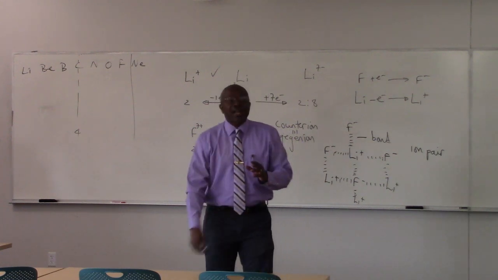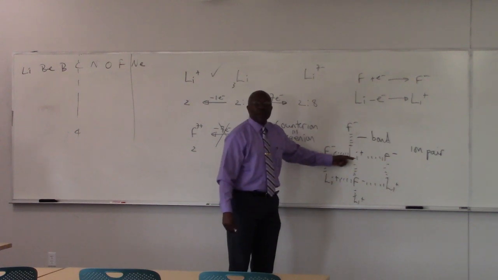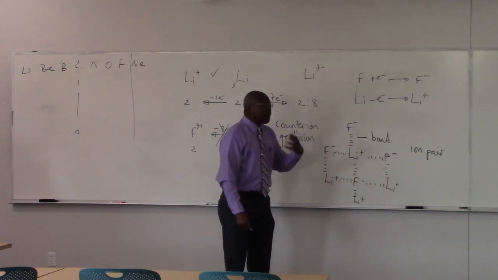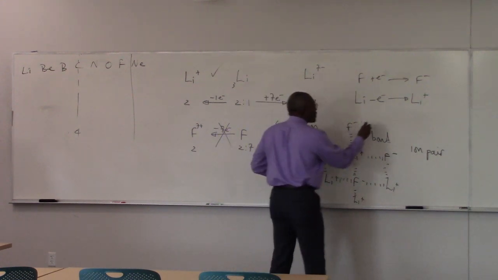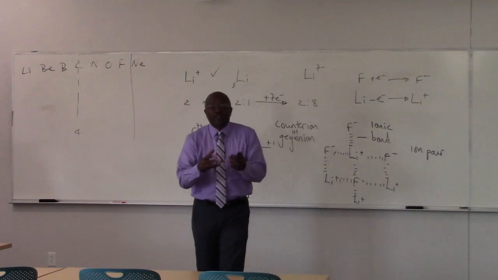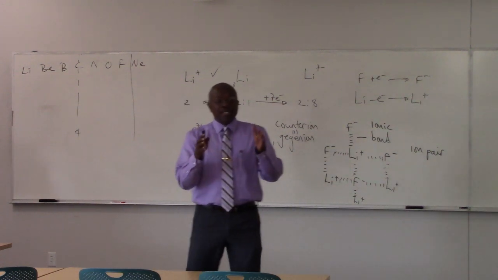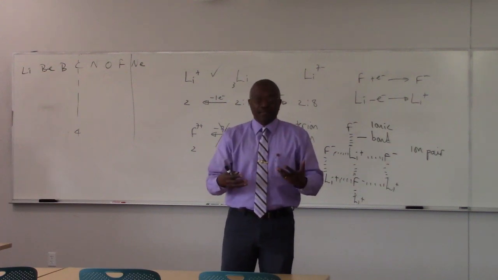And the force of attraction between oppositely charged particles, between ions, is called an ionic bond. So the ionic bond is the force of attraction that arises between cations and anions, between counter ions.